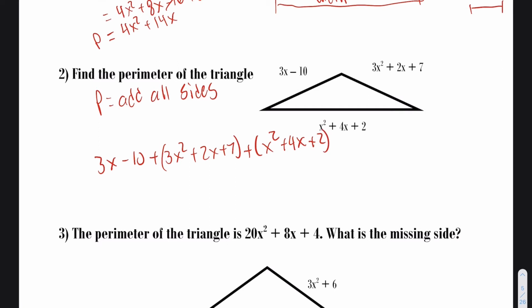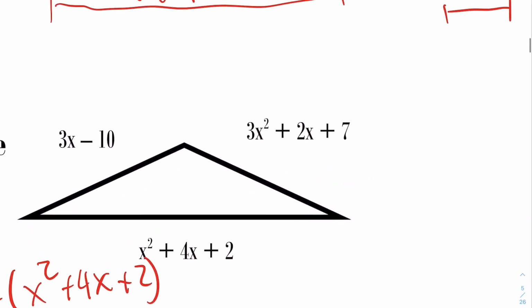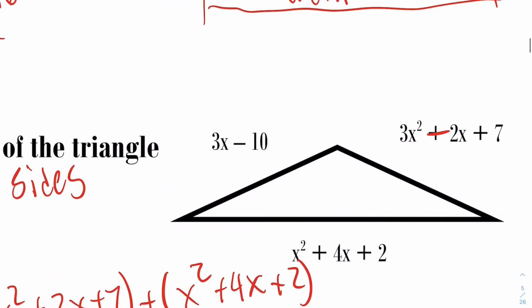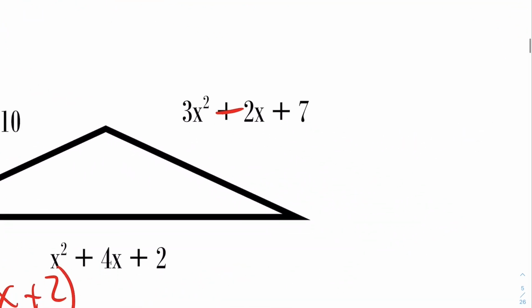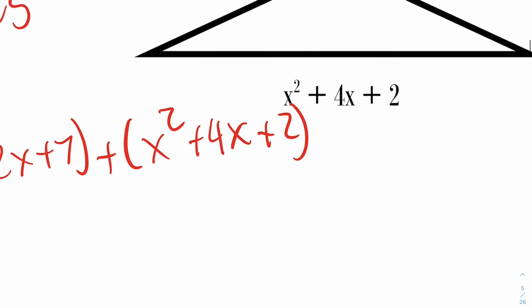Okay, so I put parentheses there so that I knew, just in case there was a minus sign, because the first one had a minus sign. Just in case these other ones had minus signs, I needed to know that what's inside the parentheses is exactly the same as what was originally given.